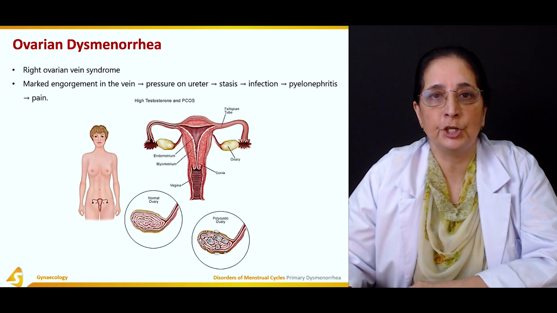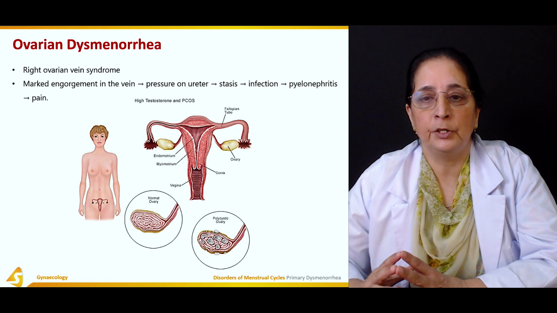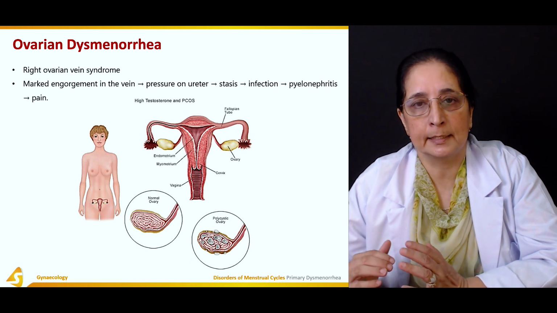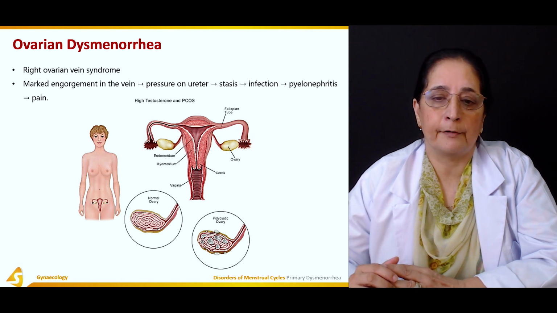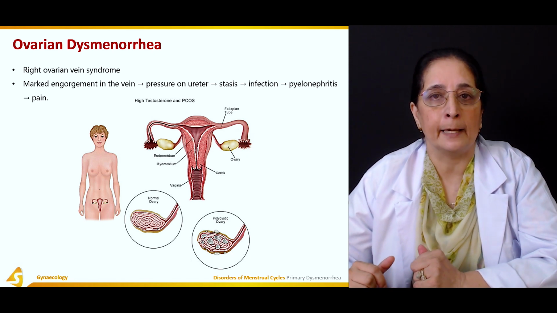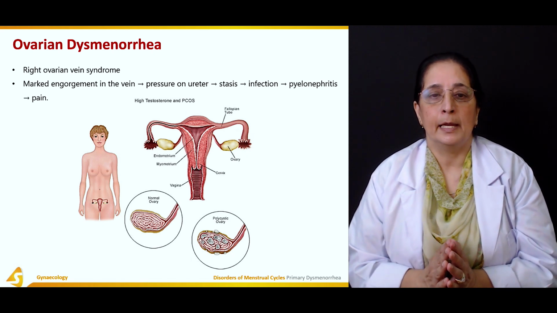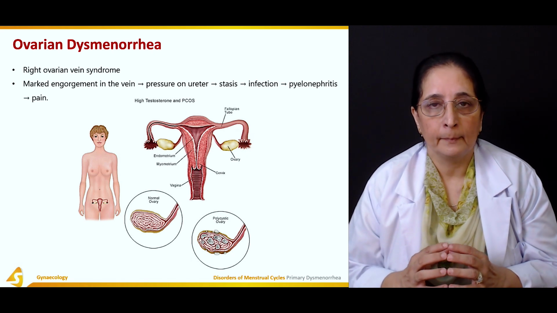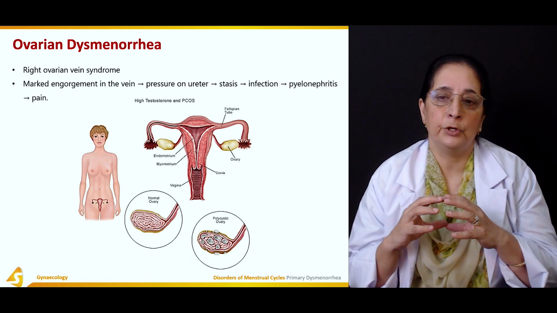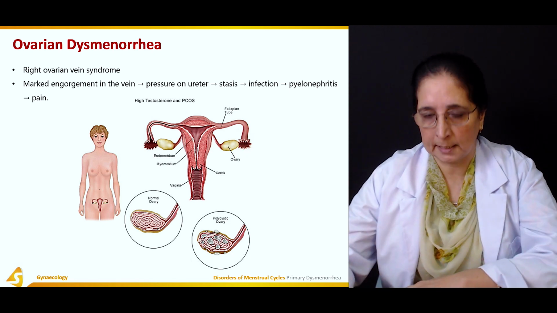There is pressure on the ureter, and as a result there is stasis and infection or pyelonephritis that leads to pain. So one reason for ovarian dysmenorrhea is swelling of the ovarian vein, which causes pressure on the ureter and can lead to infections, pyelonephritis and pain.